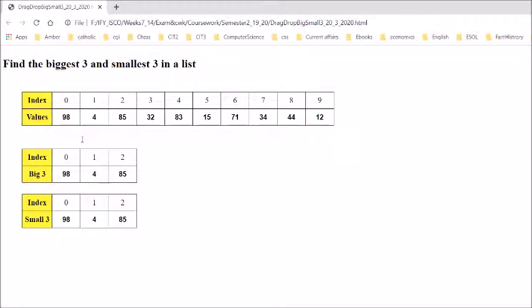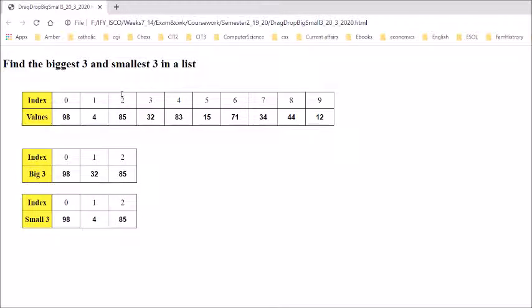And we look at the smallest biggest number and we say, is 32 bigger than the smallest of the 3 big numbers? And the answer is yes, 32 is bigger, so we can replace 4 by 32.